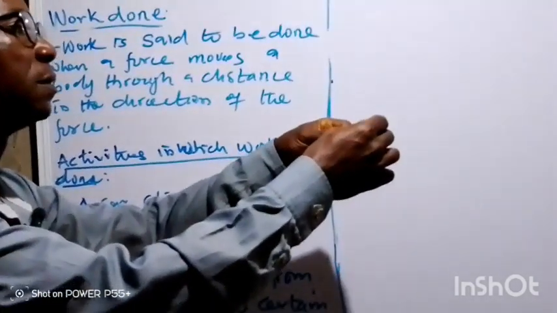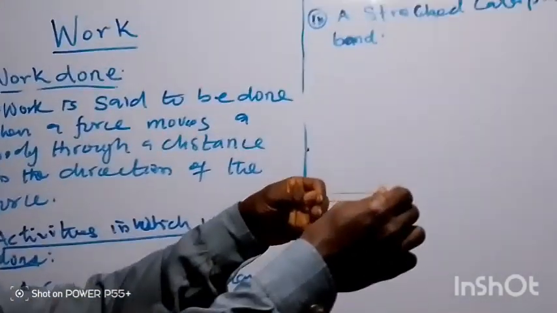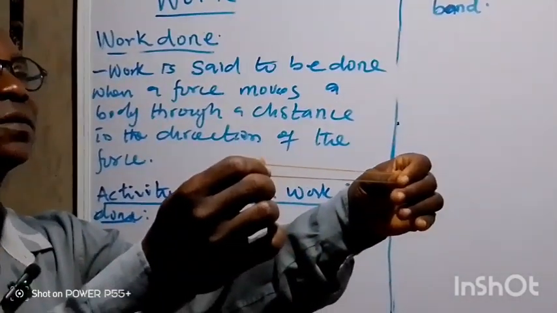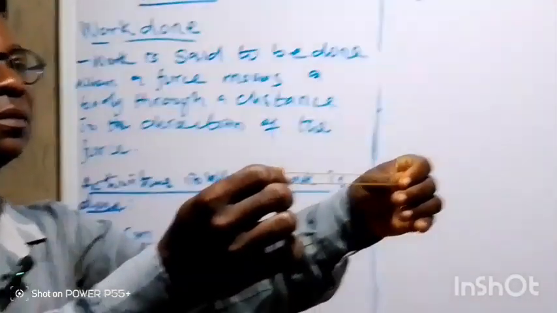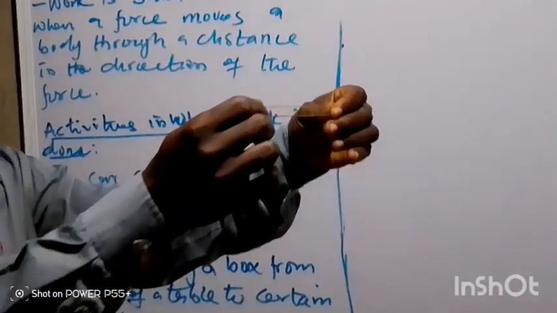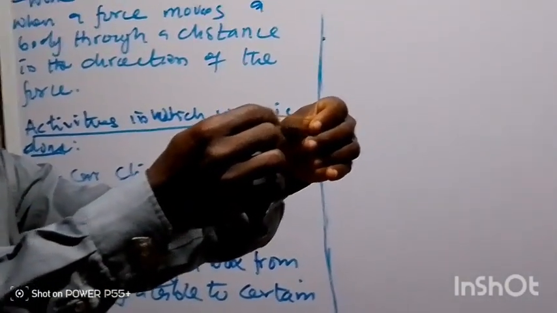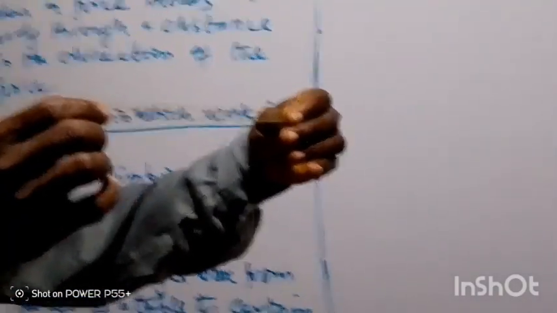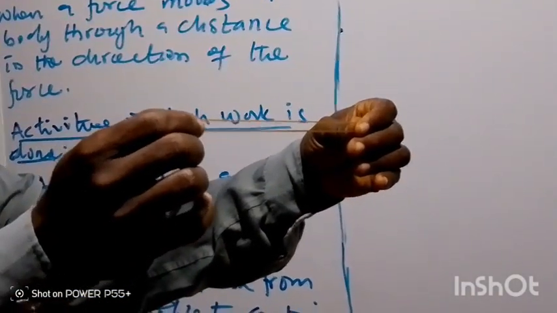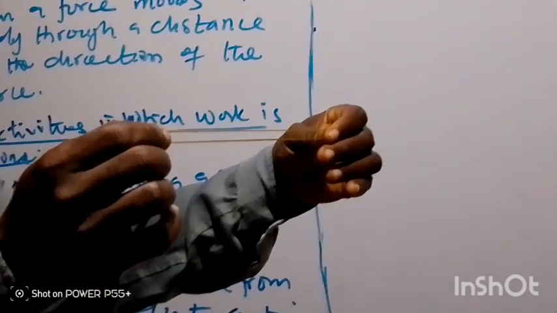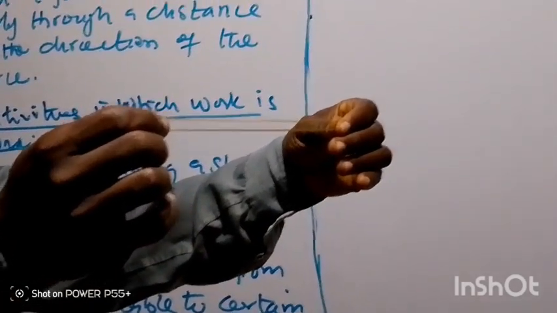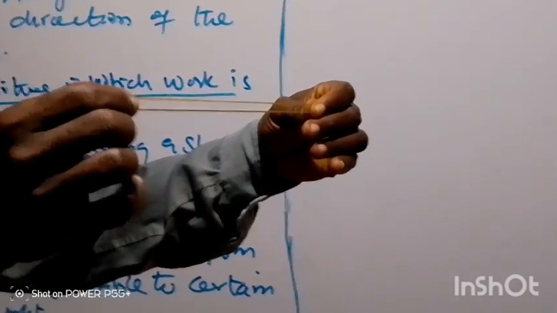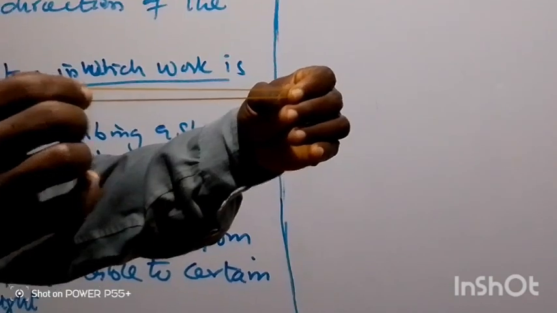The length of this rubber band has been increased by applying that force. So work has been done. When you release it again, like this, and you stress it, work has been done. Work is the product of force applied and the displacement in the direction of the force. So on this rubber band now, work has been done.